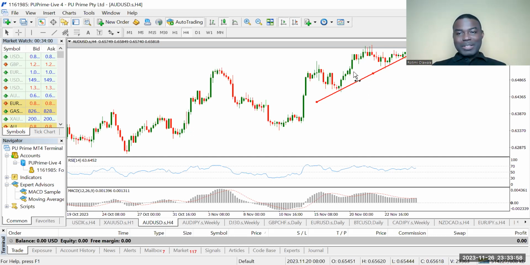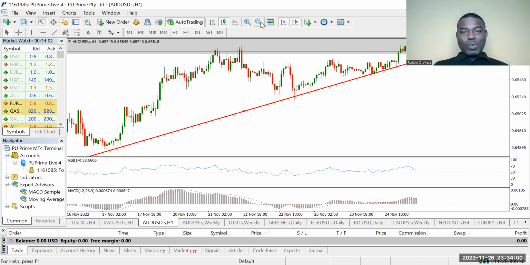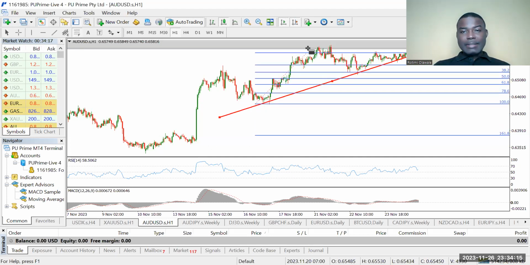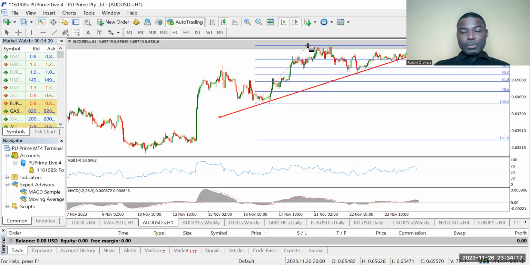All right. So I'm drawing the trend line there, and I can flip down to 1-hour time frame to capture price as it breaks out below this level. So I'm bearish biased also on AUDUSD, and I can use my Fibonacci to look at how we can capture the price movement.